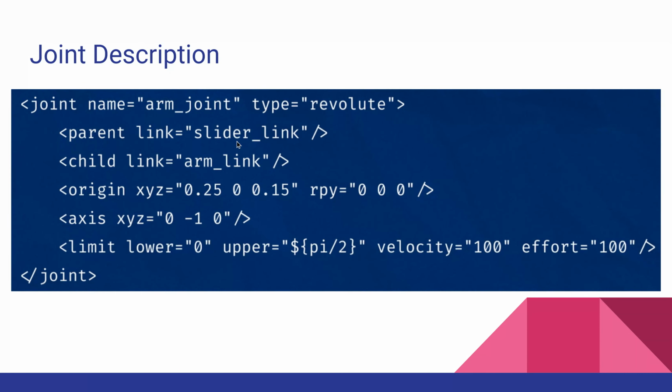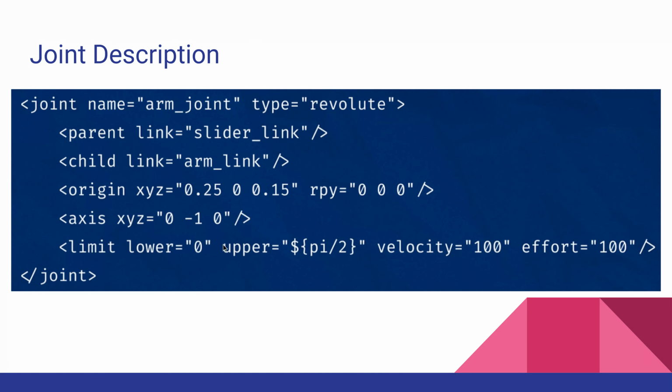So we describe the links in this way, and then we actually define the origin of the rotation, since in this case it is a revolute joint, or if it is a prismatic joint, we'll describe the axis or the origin of the movement of the prismatic joint, right?